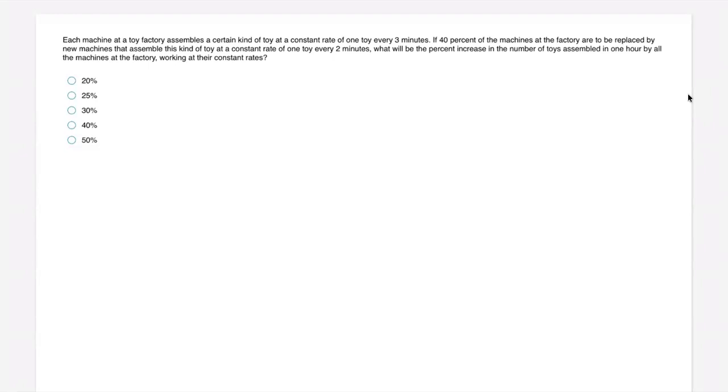I organize this question in a certain way. Each machine at a toy factory assembles a certain kind of toy at a constant rate of one toy every 3 minutes. If 40% of the machines at the factory are to be replaced by new machines, okay.